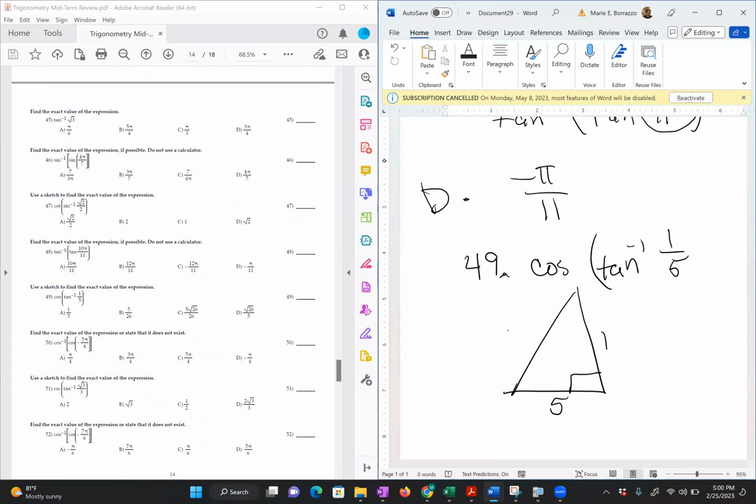I'm thinking some sort of square root of 26, 25 plus 1 squared. And so they want the cosine of that angle. So that would be 5 over square root of 26. However, we want to rationalize square root 26. And the final answer would be 5 square root 26 over 26, which is answer choice C.